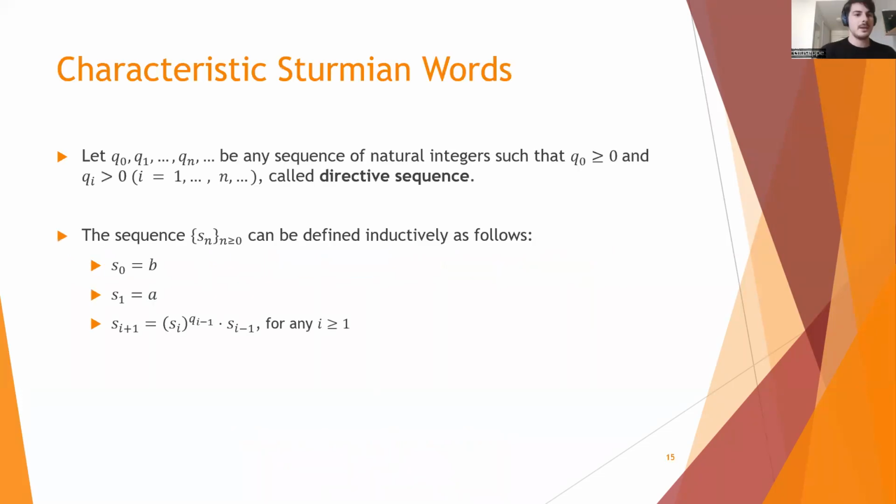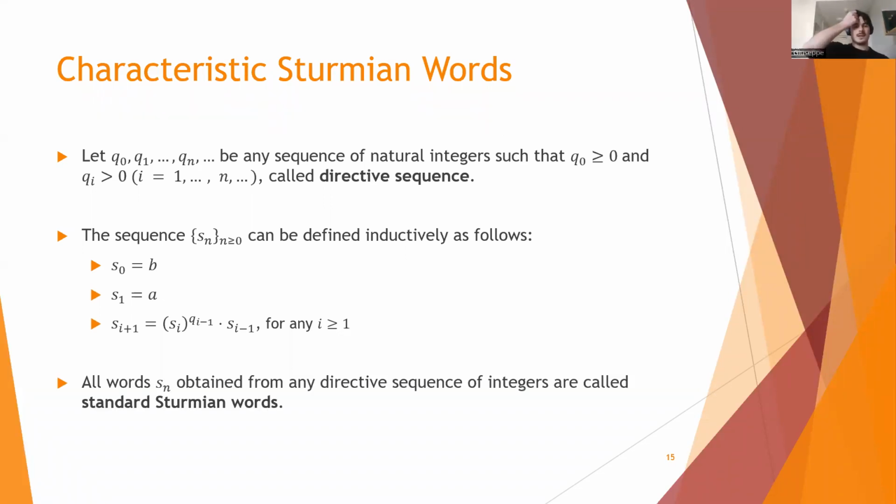So let's start by considering a class of infinite words, which are characteristic Sturmian words. Many of you probably are aware of what characteristic Sturmian words are. Basically, it is known that given a directive sequence, we can inductively define a sequence of finite words, and each of these finite words is called a standard Sturmian word.